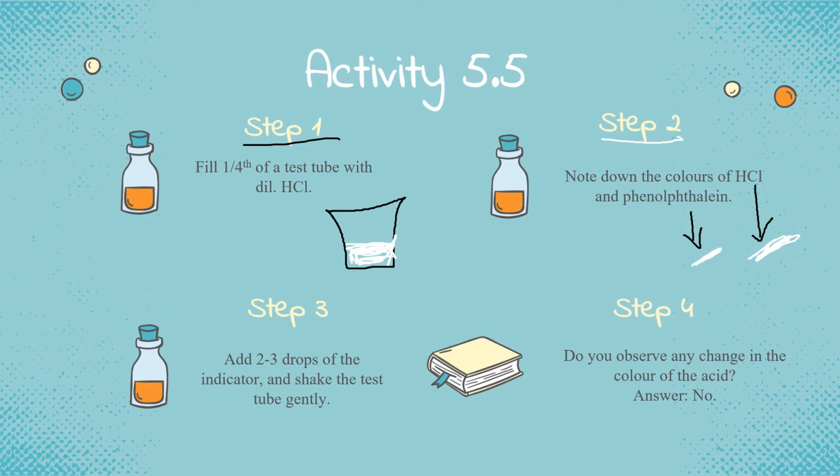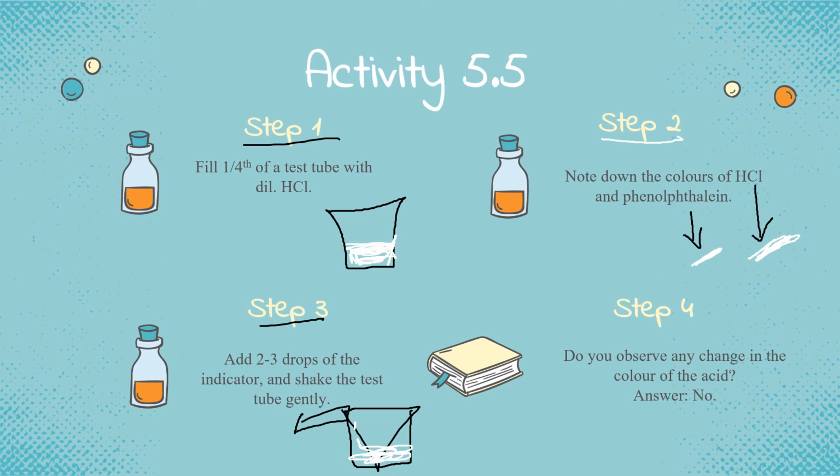Then step 3, add 2 to 3 drops of the indicator, which is phenolphthalein, to the test tube and shake it gently. So we have our test tube filled partially with HCl, and we add a bit of phenolphthalein to it, right? Okay, it looks fine.